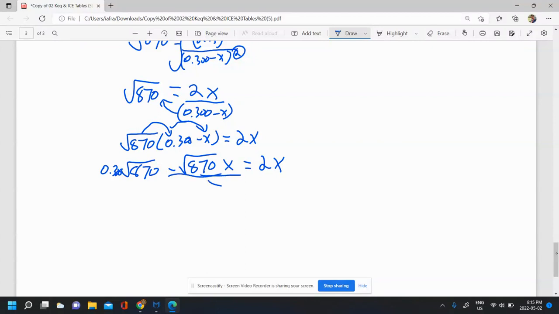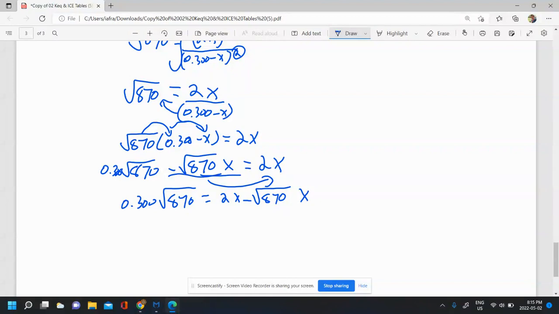And I'll send this over to the other side, and I'll get 0.300 times the square root of 870 is equal to 2x minus the square root of 870x.